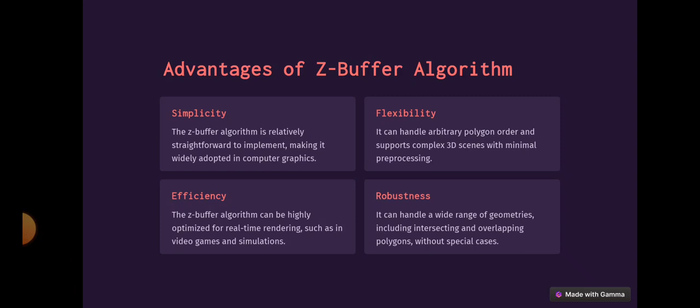Efficiency: the Z buffer algorithm can be highly optimized for real time rendering, such as in video games and simulations. Robustness: it can handle a wide range of geometries, including intersecting and overlapping polygons, without special cases. So these are the advantages for which Z buffer algorithms are widely used.